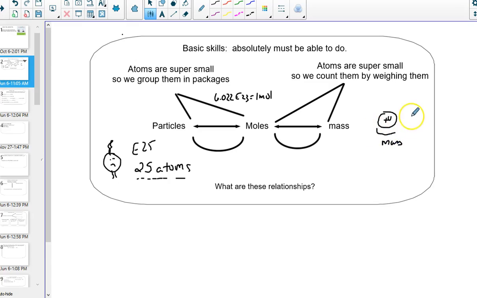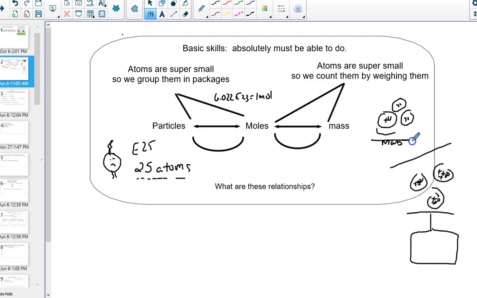If you have a bunch of these atoms versus another set of 3 atoms that have more stuff in them, then when I place these on a scale, it's going to weigh more than if I put these on a scale.